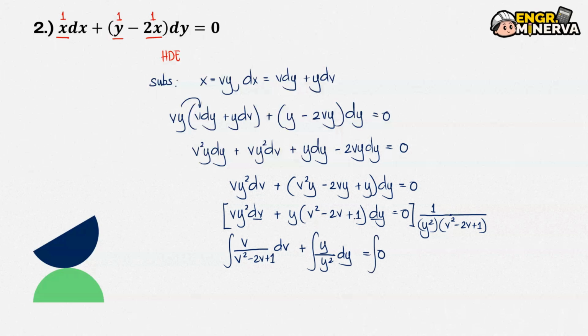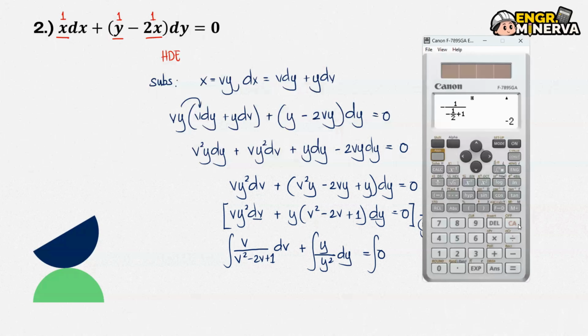Okay, so at first glance, we can look at the first integral here. So let's check if there are factors for the denominator. Yes, there are factors in the denominator here: 1, -2, and 1.